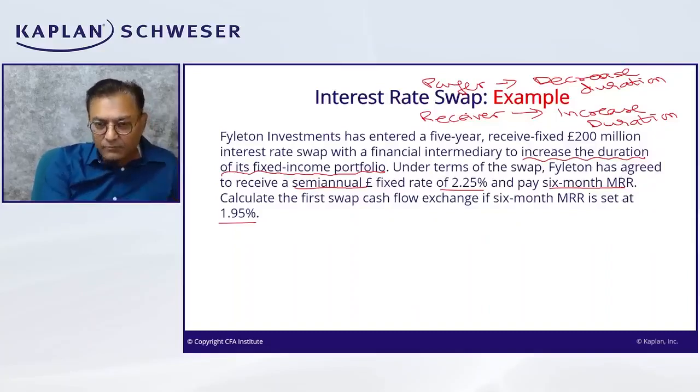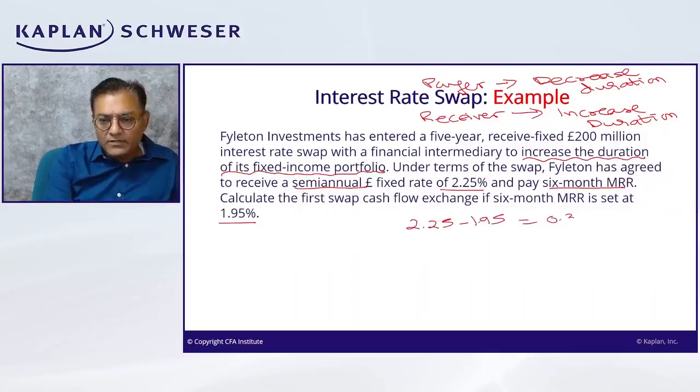Again, remember, annual. So you are receiving 2.25 and paying 1.95 for the first settlement. In other words, you are going to receive a net amount of 0.30% or 30 basis points. Remember, that is still an annual term, so you divide it by 2 and you get 0.15% as your net receipt.